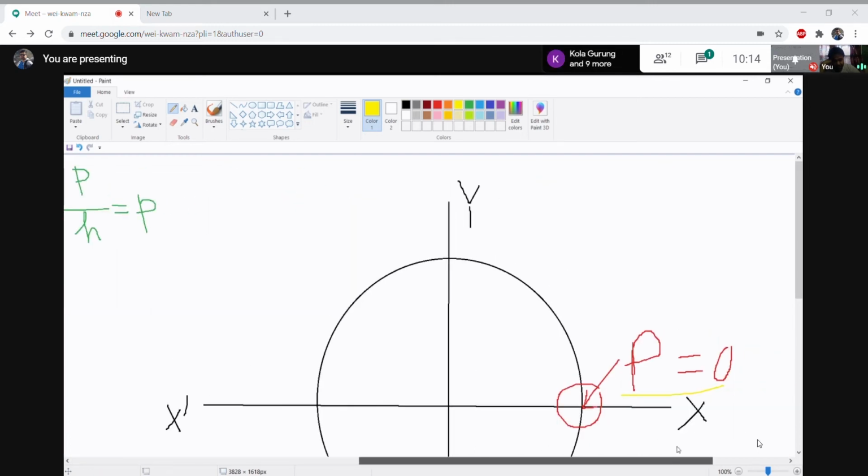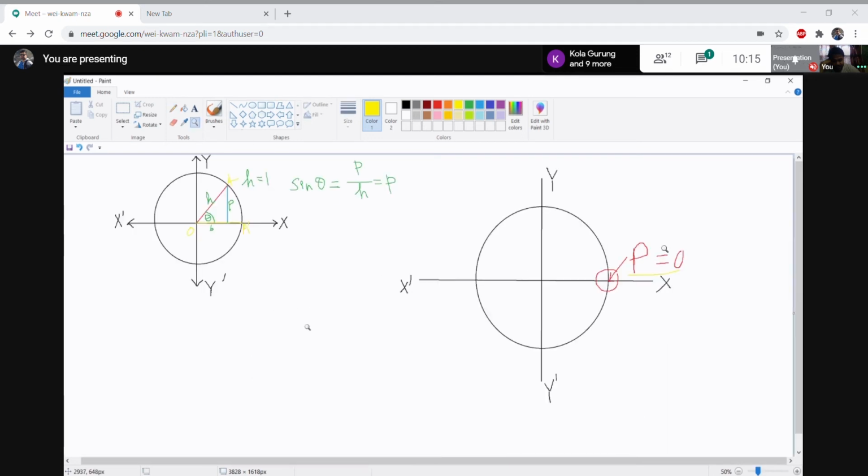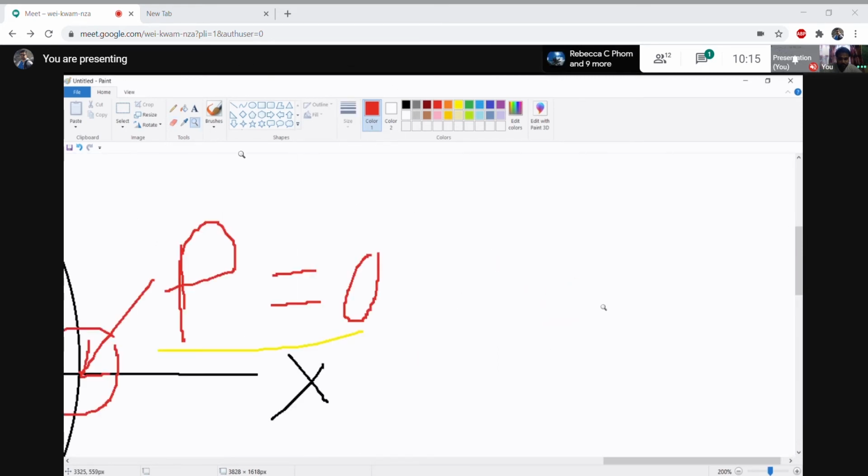So at this point the P value is 0 and the B value will be 1.